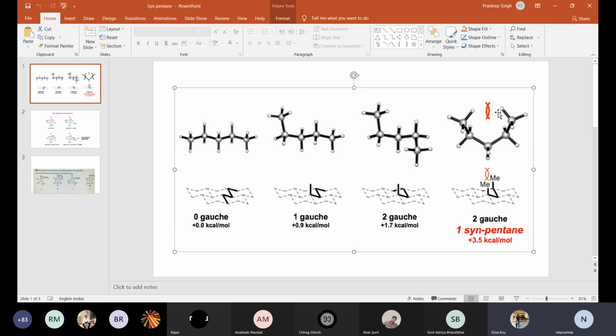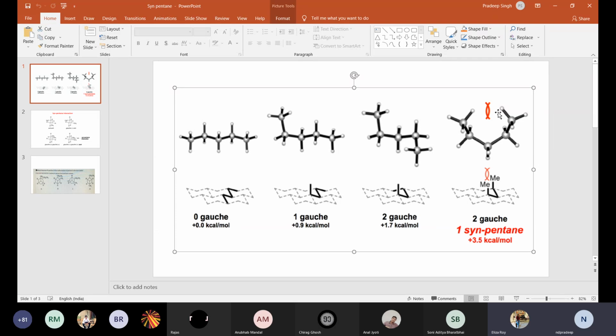It's not like an eclipsing interaction, which is 3 kilocalories. This is not eclipsing. This is more or less a syn-pentane interaction, which gives you another 1.5 kilocalories. So 2 gauche gives you 1.8 and this gives you another 1.5, so almost 3.3, but experimentally it is 3.5.